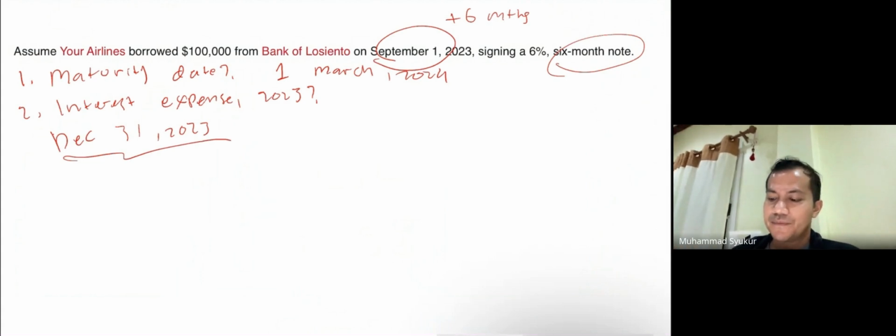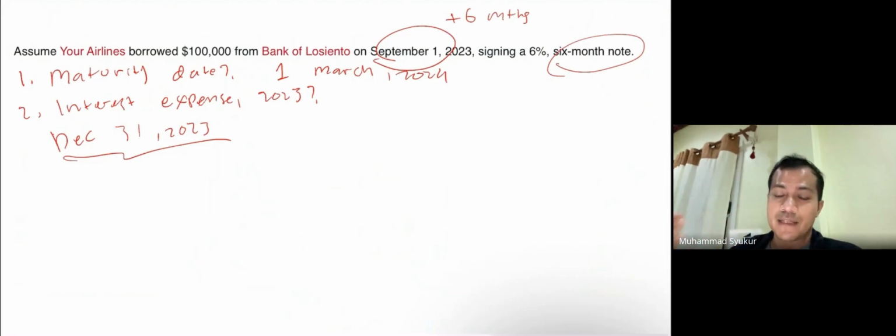Because the note starts from September 1st, 2023, and the maturity date is in another fiscal year, 2024. So we have to recognize the interest expense by the end of December 31st, 2023, because we want to close the accounting year of 2023.